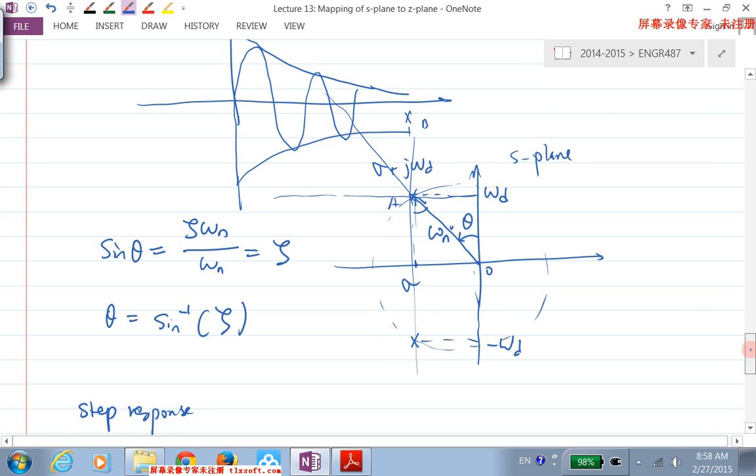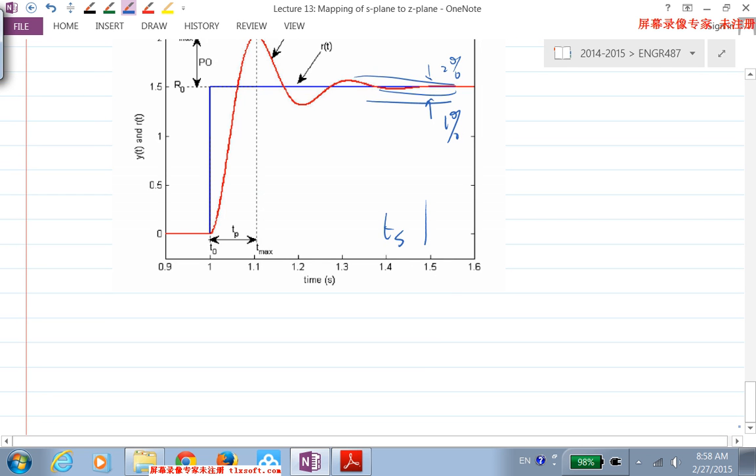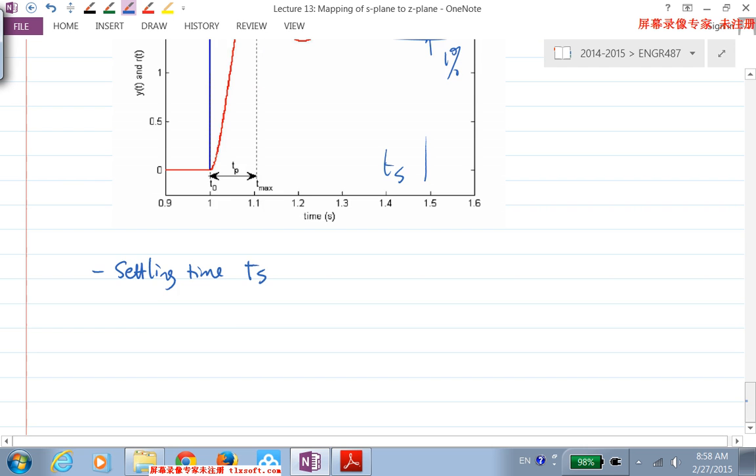So here's a summary. Settling time. We use TS to denote settling time. There are two kinds of settling time in essence. There's 2%, where you settle within 2% of the final steady value.